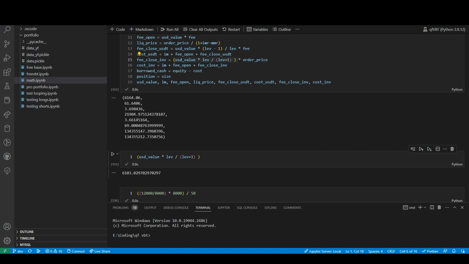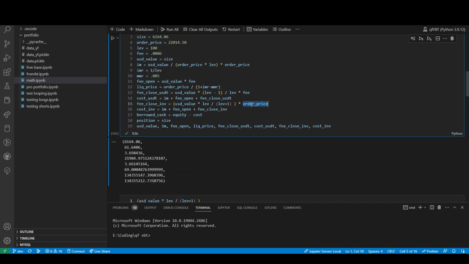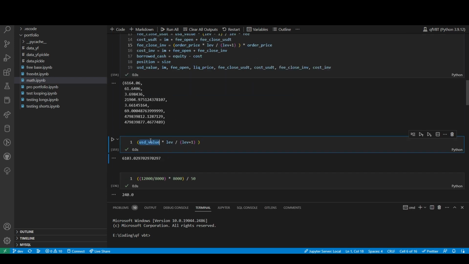Oh, average entry times leverage. Okay, I'm sorry. Average entry is this. Average entry times leverage divided by leverage plus 1 gives you this.